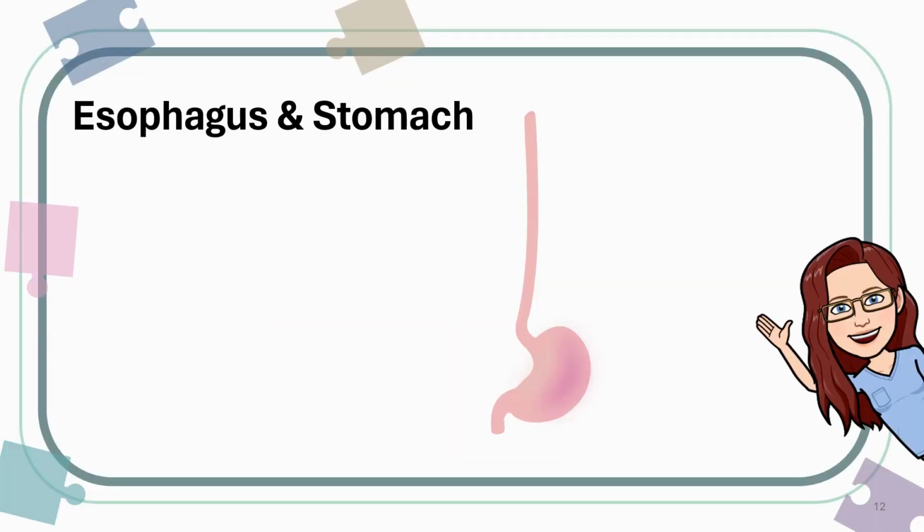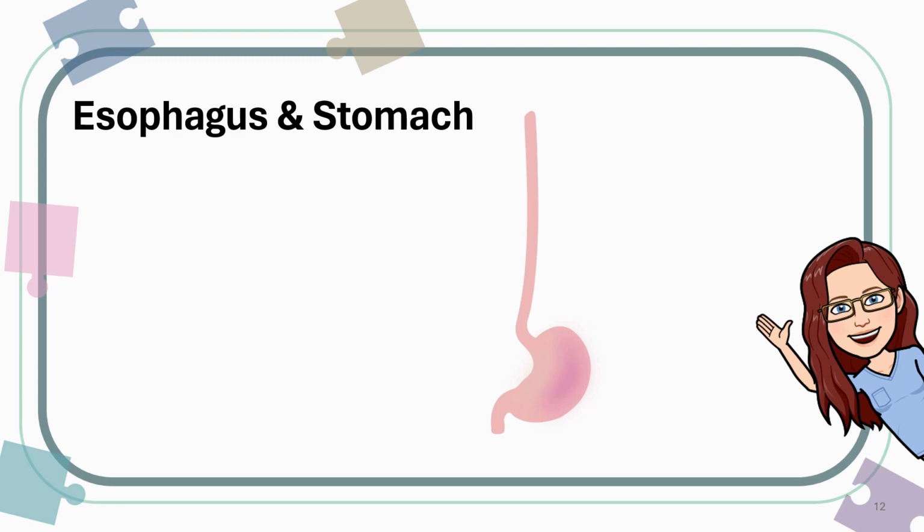Now once we've gotten food through the mouth and the different parts that we've named, we are going to swallow. When the tongue swallows, it pushes the food down into the esophagus, which is the very long tube that you see here. It goes from the mouth down through the chest cavity and ends at the stomach.